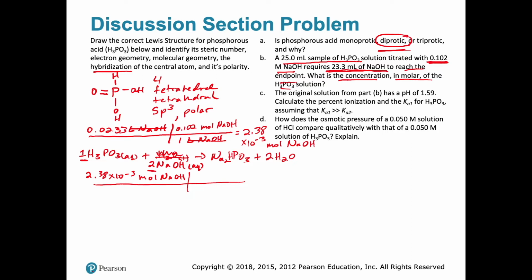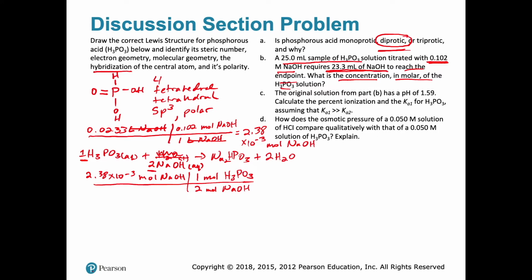And so down here we have for every 2 moles of sodium hydroxide, like so, right? Which is good because now we can cancel out moles of sodium hydroxide. And then at the top, what do we put? What are we trying to get to? Yes, phosphorus acid. So that's 1 mole of phosphorus acid. Like that.